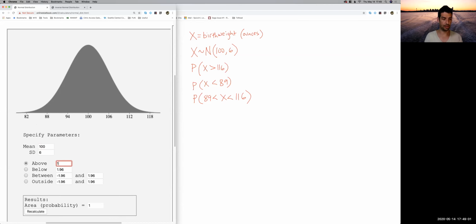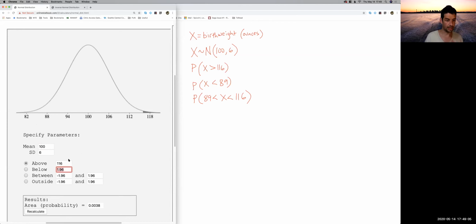I want to know the probability that we're above 116. And notice how the picture has changed. Now this little grayed area, we can barely see this little area down here. That is the probability that x is greater than 116. And then our answer shows up here.